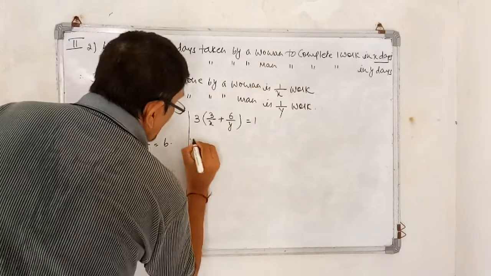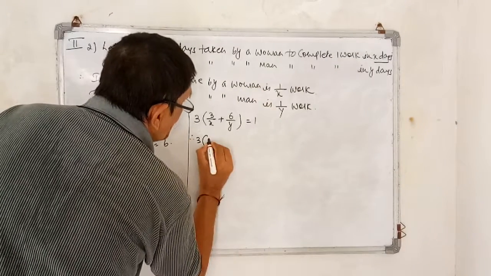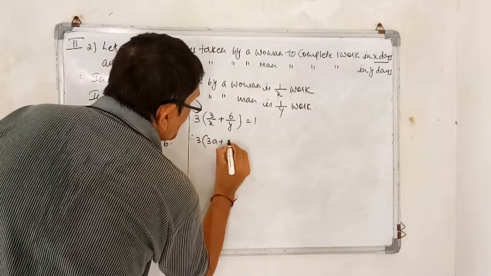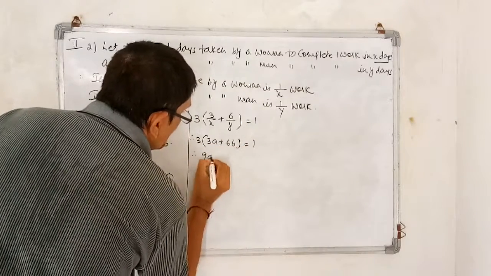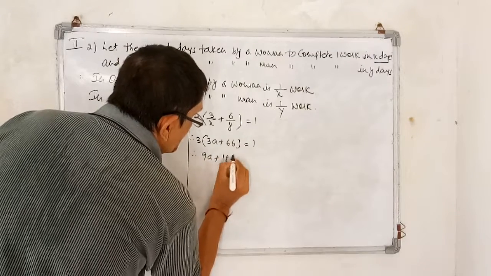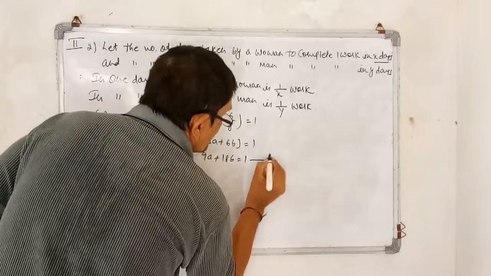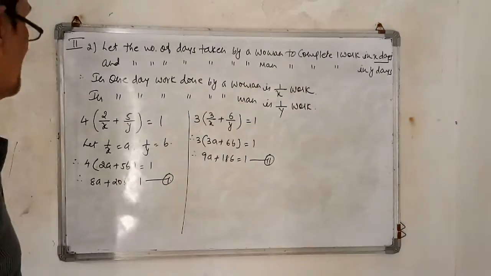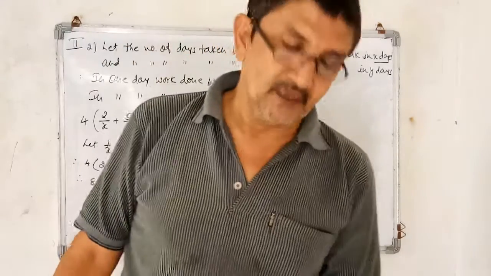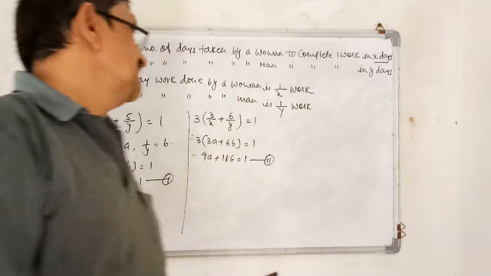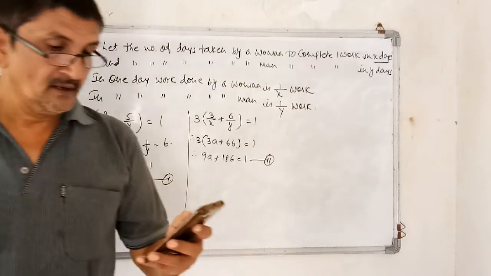So again here we can say it is 3(3a plus 6b) is equal to 1. So 3 3s are 9a plus 6 3s are 18b is equal to 1. This is the second equation. So now by any method you have to solve these equations, then you will get the answer.